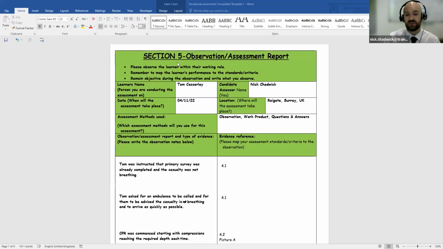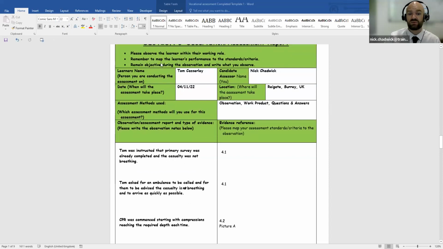So section 5 is the observation assessment report. Please observe the learner within their working or their day-to-day role, but within a vocational setting. Please remember to map the learner's performance to the standards and criteria, and once again to remain objective during the observation, and please do write about what you observe.